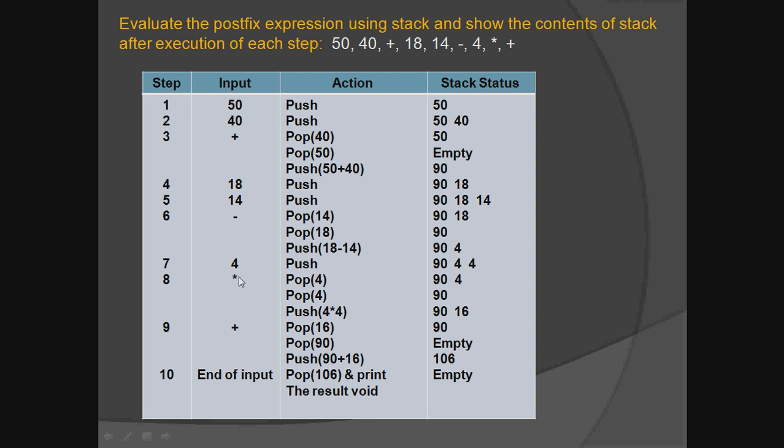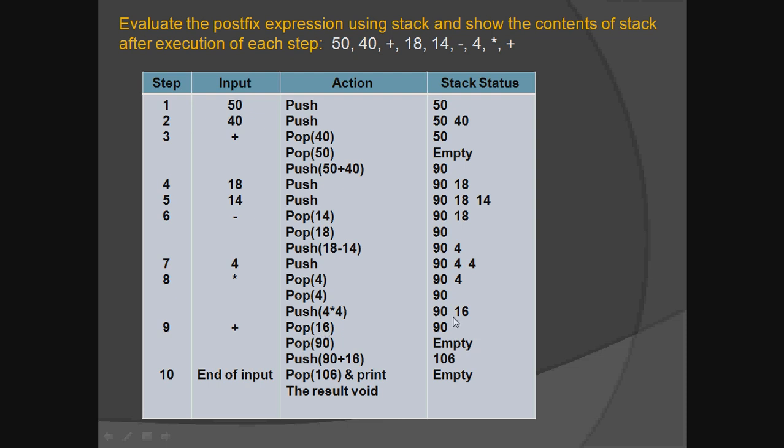Again for the asterisk symbol, 4 will be popped out, so now we have only the value 90. So this 4 will be multiplied with 4, and the result 16 will be pushed into the stack. Clear?